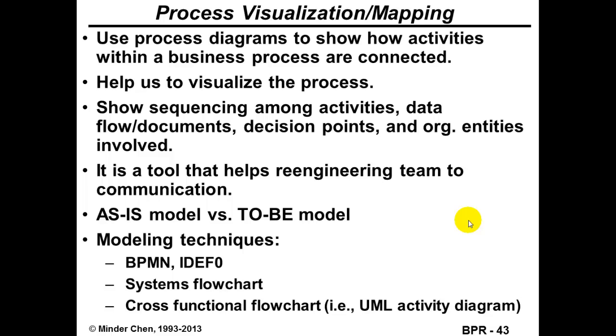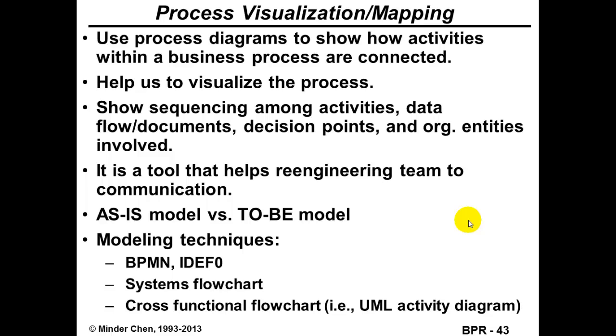In a business process, we usually can show the sequencing among activities, the data flow or the documents that would be used, the decision points, or the organization units that may be involved in a business process.